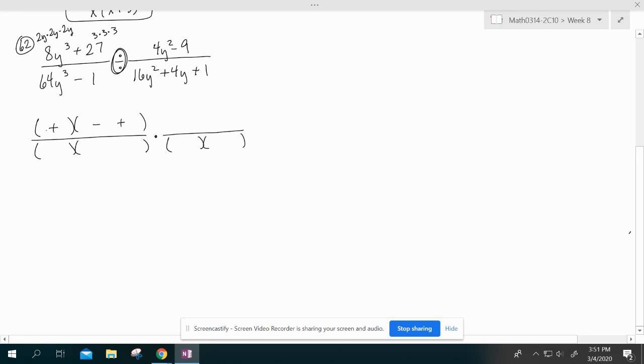The first sign is the same as the problem, the next sign has to be opposite, and the last sign is always positive. What about in the bottom? Same, opposite, always positive.